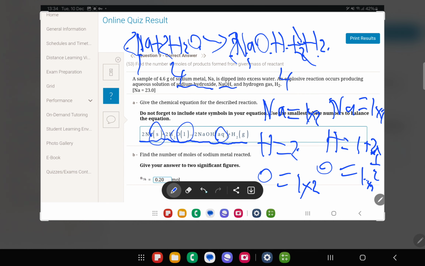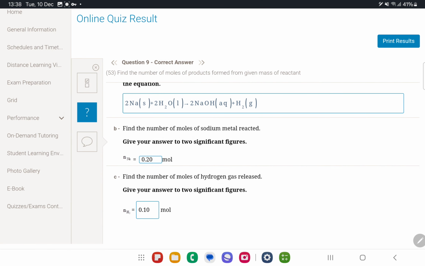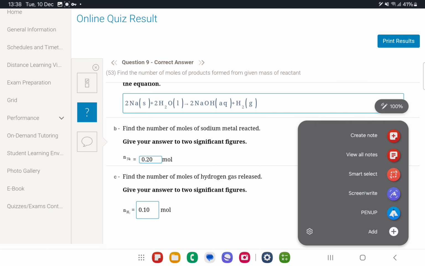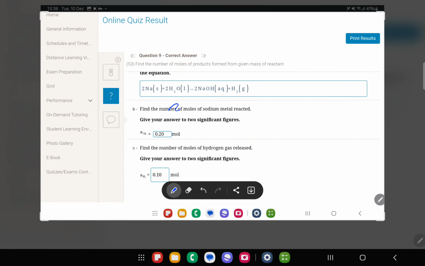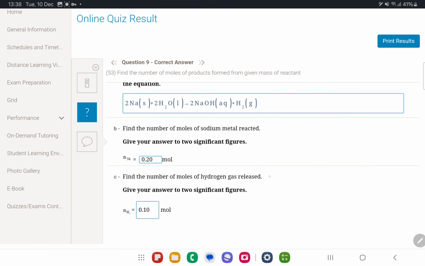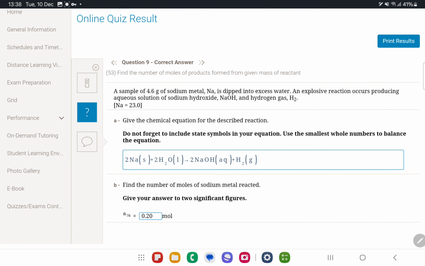Okay? Now, for the second one, they want the number of moles of sodium metal reacted. Since we already have the balanced equation, we can just use this. Since they want the moles of sodium metal, which is this one, wait, I have to look at the other question. Yeah, we look at the given.